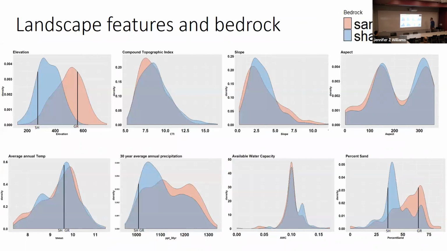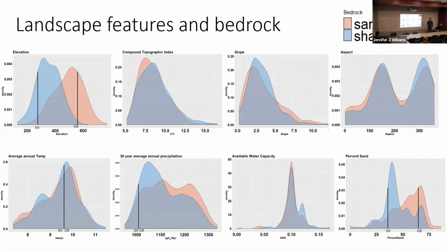So, I've been visualizing these in density plots to compare between shale and sandstone, how these fall out across the landscape. But what I've kind of been interested by is that a lot of these things, so compound topographic index, which is a measure of the area that can drain into a forest plot, or slope aspect, annual temp from a PRISM data set, or the 30-year average of precipitation from PRISM are not different on shale and sandstone lithology.